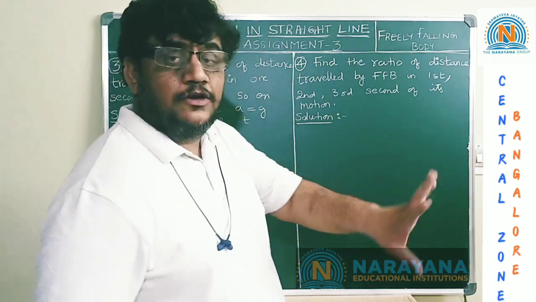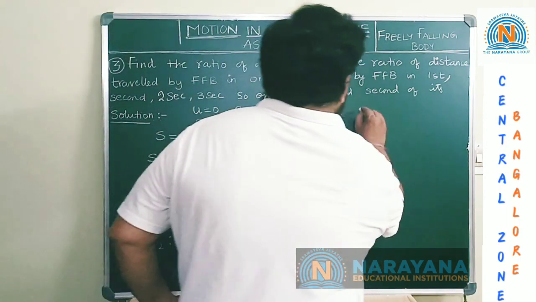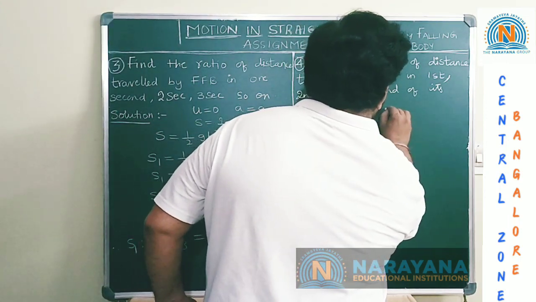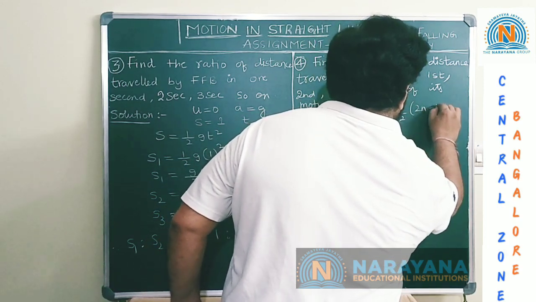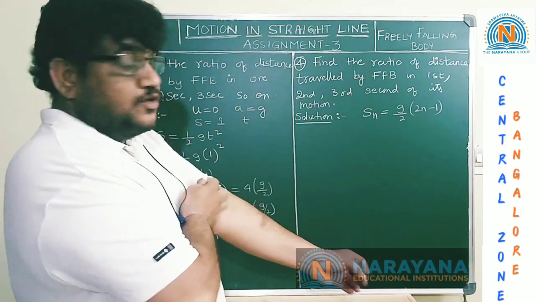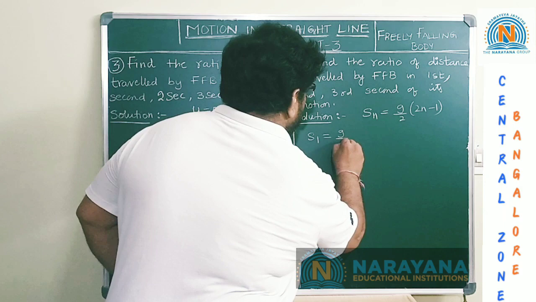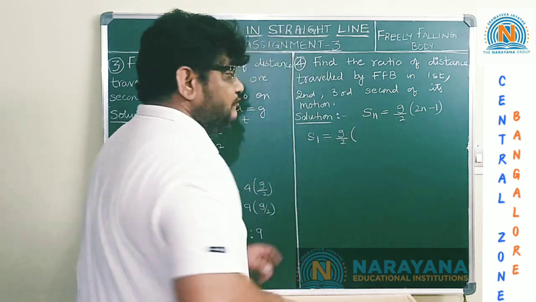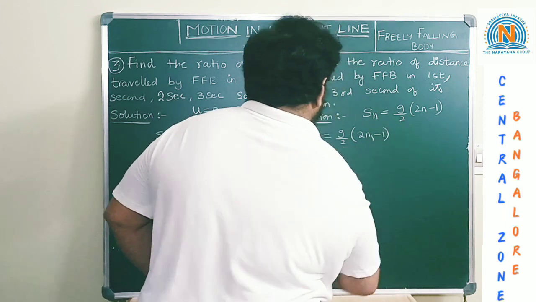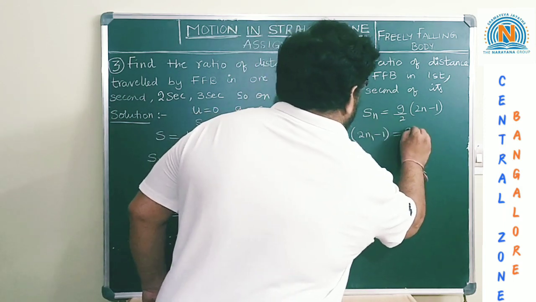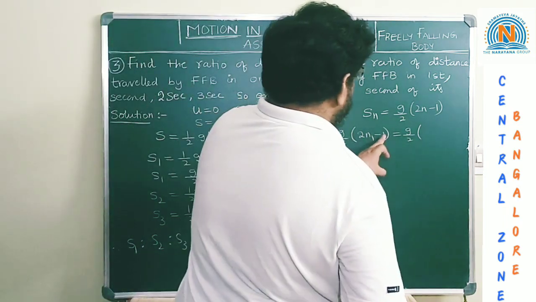So here we will use the fourth equation of motion for freely falling body. The fourth equation of motion for freely falling body is Sn is equal to g by 2 into (2n minus 1). So S1 will be equal to g by 2 into (2n1 minus 1). Here n1 is 1, so 2 minus 1, 1.